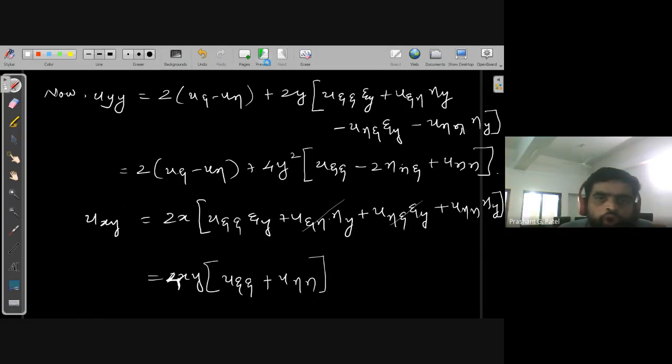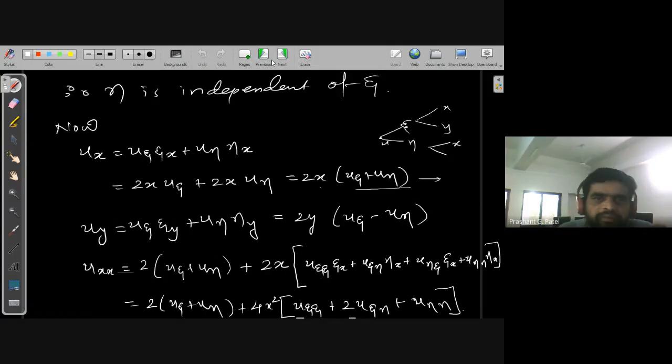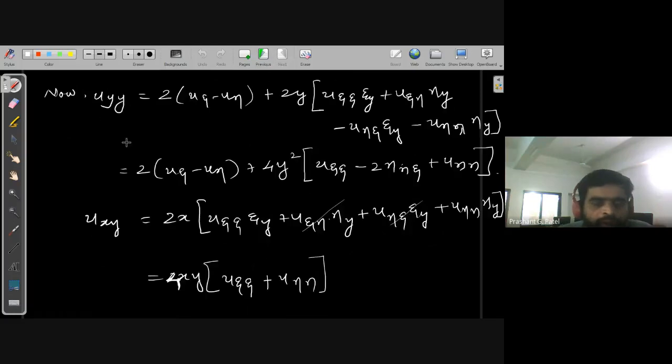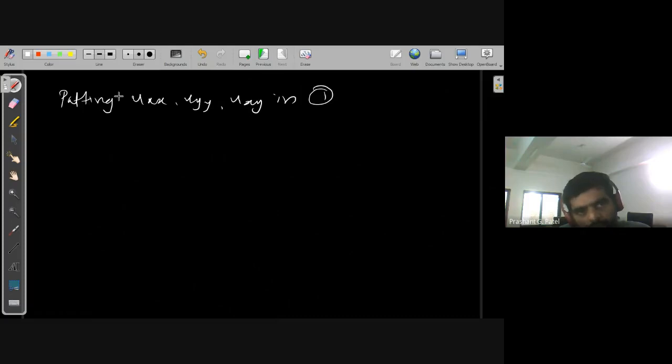Now we will substitute all these values, that is u xx, u yy and u xy, into equation number 1. Putting the values of u xx, u yy, u xy in 1, we get the original equation.